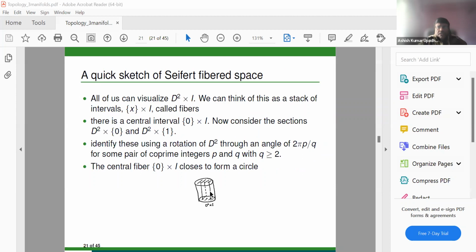So if you look at this fiber, this line, because we are twisting, it will go q times around the central fiber. The two points on the central fiber will be identified, but for the other points, to identify to this point, it will have to go q times around the central circle.